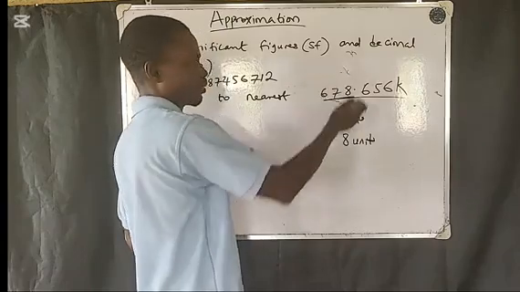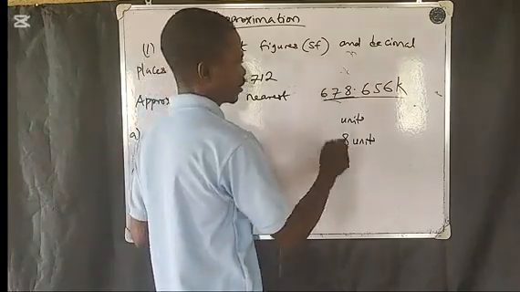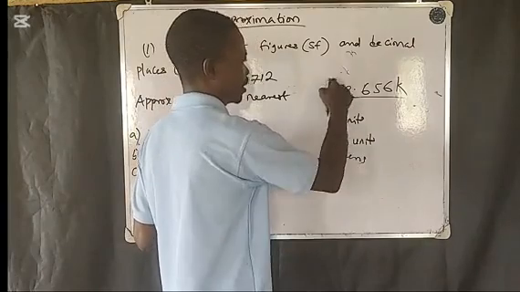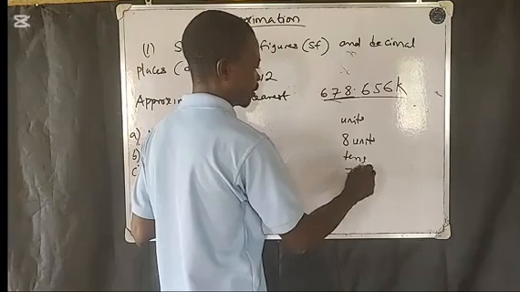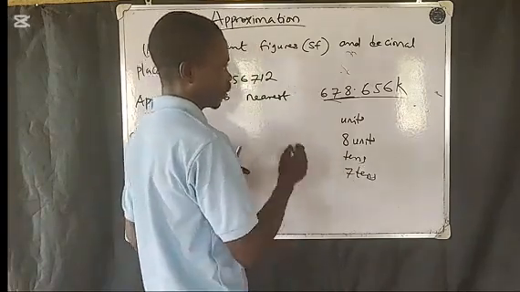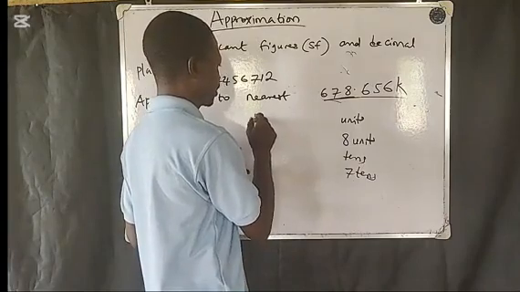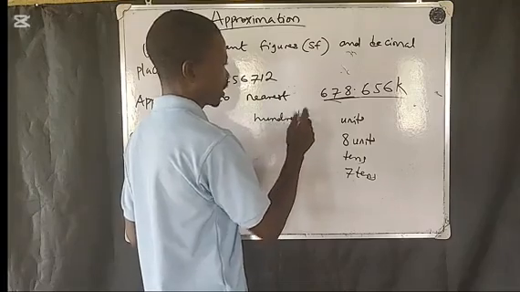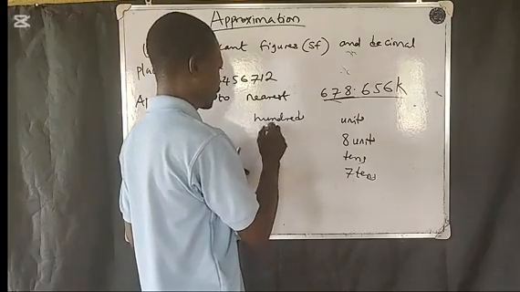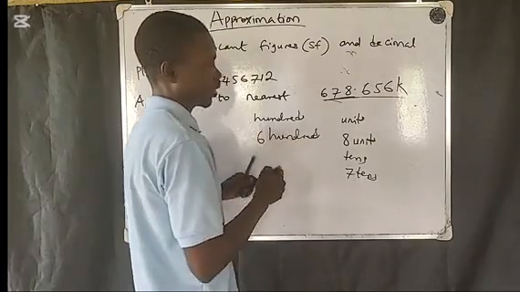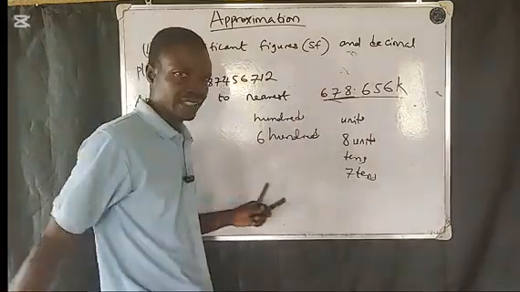The place value of 7 here is tens. How many tens? 7 tens. The place value of 6 here is hundreds. How many hundreds? 6 hundreds. So this is how to identify place value of any digit.